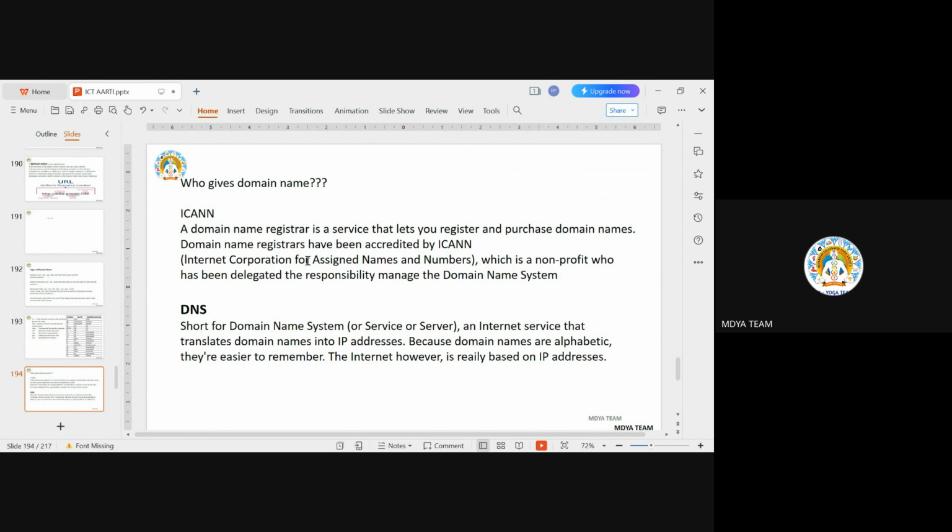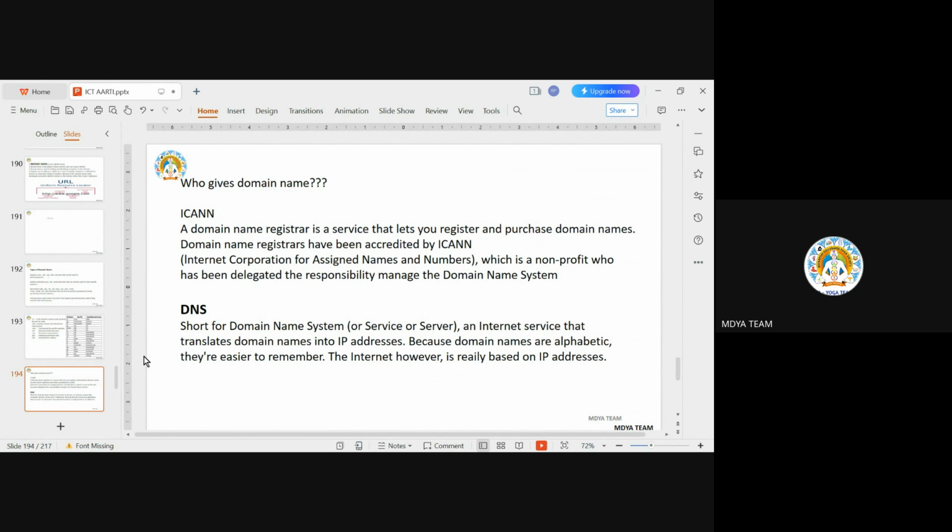Domain name registrars have been accredited by ICANN. What is the full form of ICANN? Internet Corporation for Assigned Names and Numbers, which is a non-profit that has been delegated the responsibility to manage the domain name system.